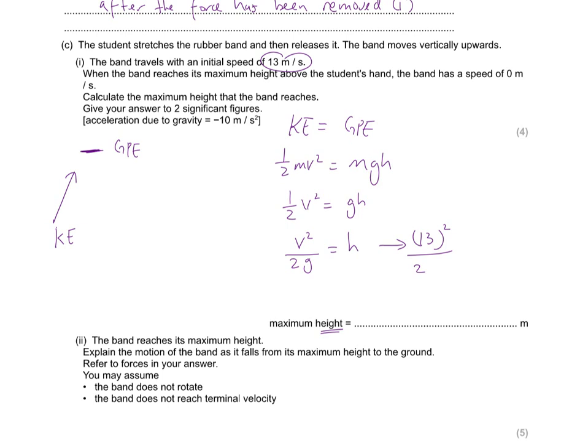Now gravity we know is 10 or negative 10. I'll just take 10 in this case. And this will give me h, which is 8.45. Now the question also asks me to do it in significant figures. I trust that you've done significant figures in maths already, so this becomes 8.5.